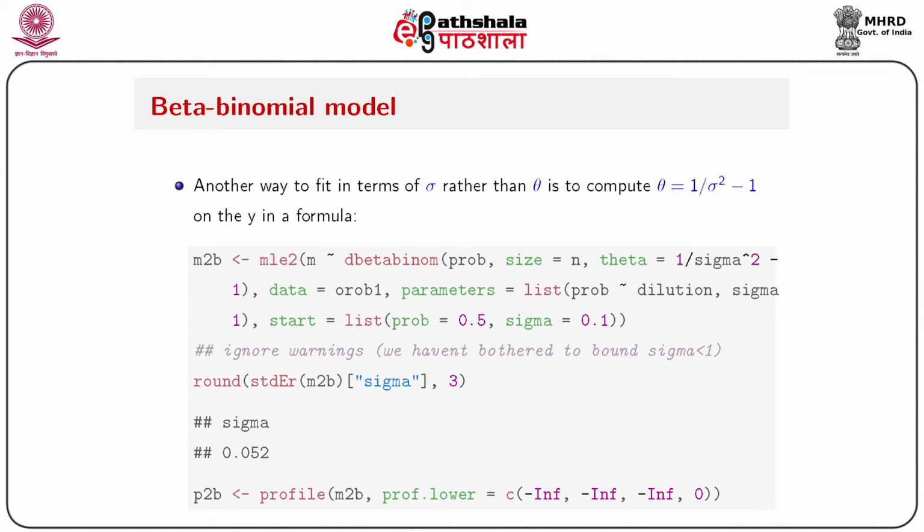Another way to fit the term sigma rather than theta is to compute theta equals 1 over sigma squared minus 1 in the formula. Say m2b equals mle2, then a formula interface.